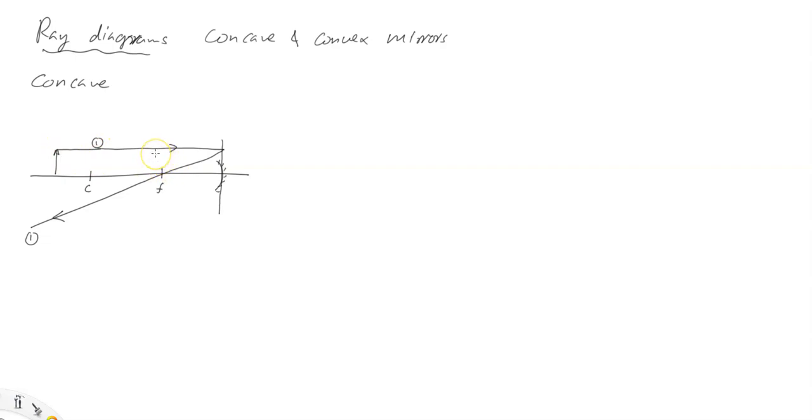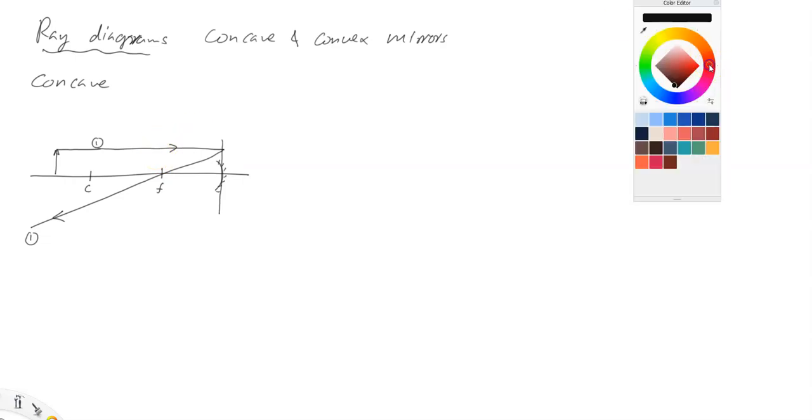Number 2: one that goes through F, after reflection goes parallel to the principal axis. This is number 2. Goes through F, goes like this.